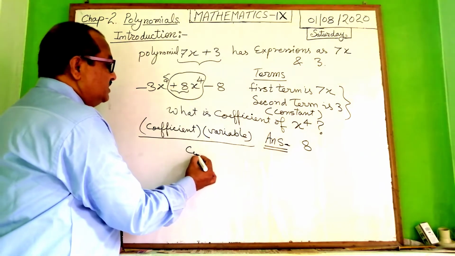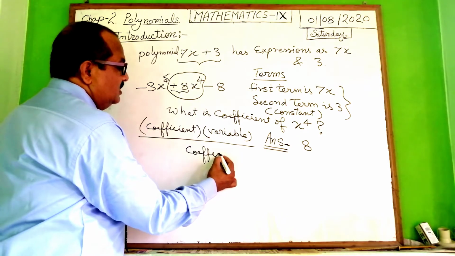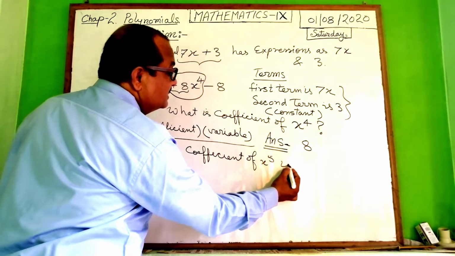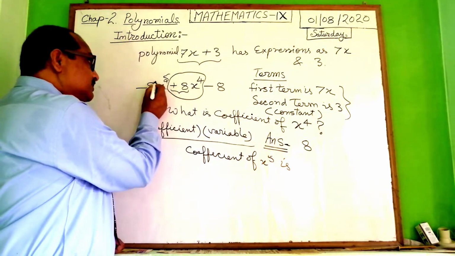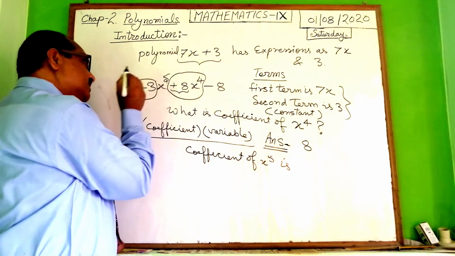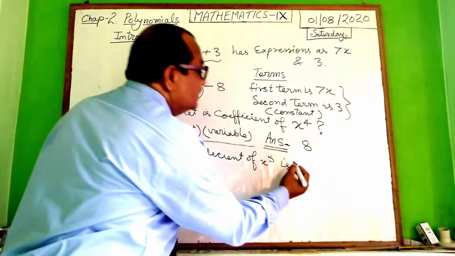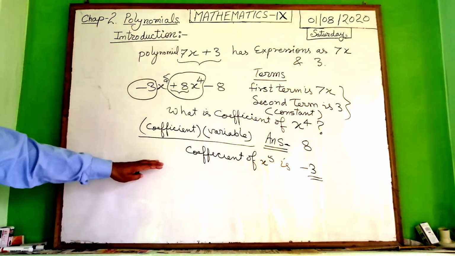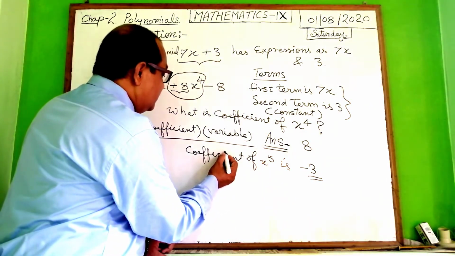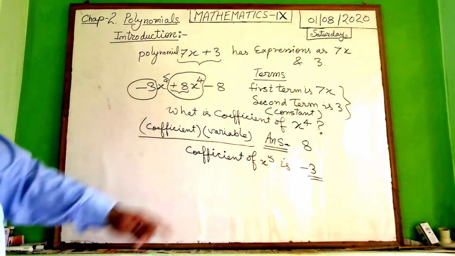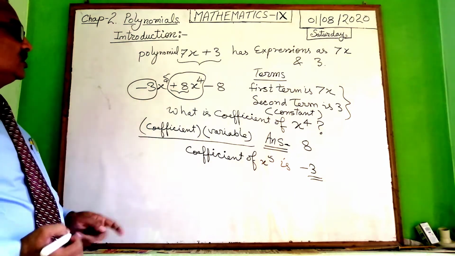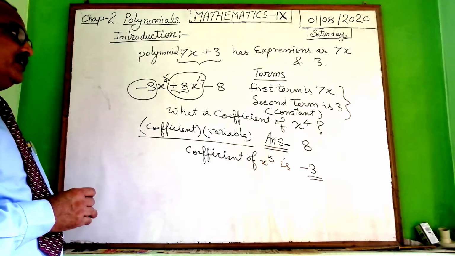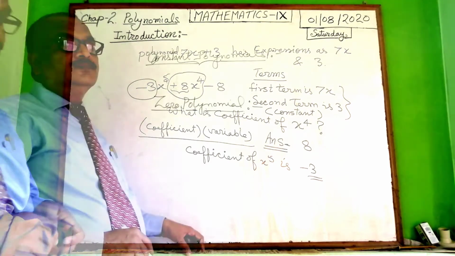Suppose the coefficient of x to the power 5 is asked, what is the number with this term x to the power 5? That is minus 3. So everybody, concept of coefficient, yes. So this is the identification of the coefficient of a given polynomial for the required term.